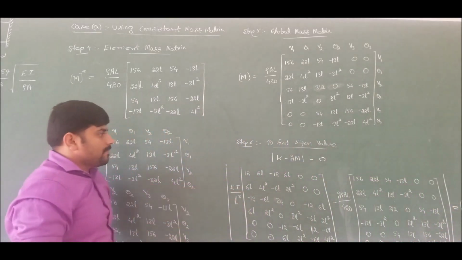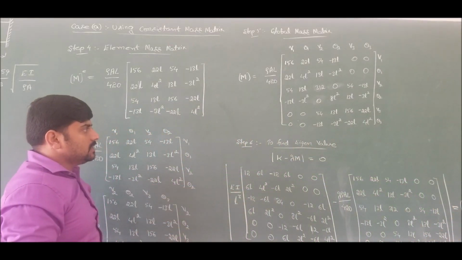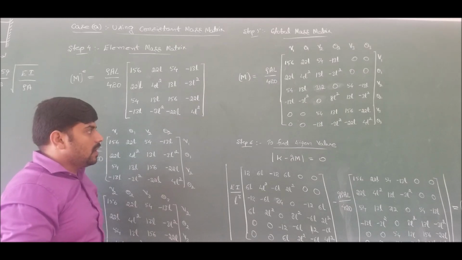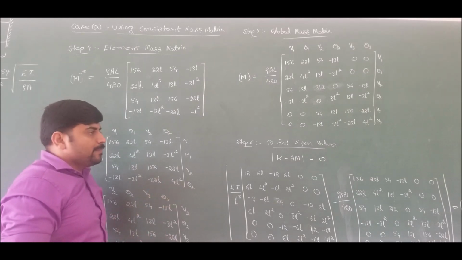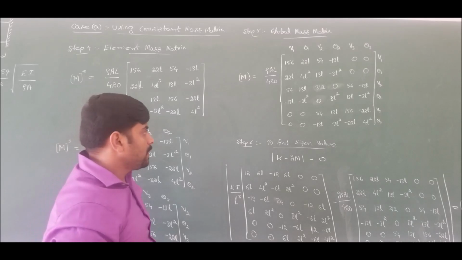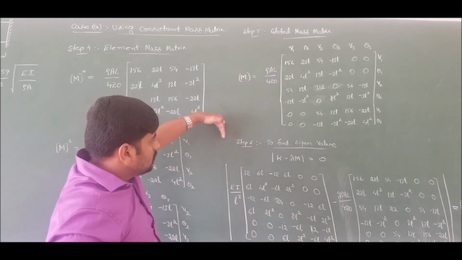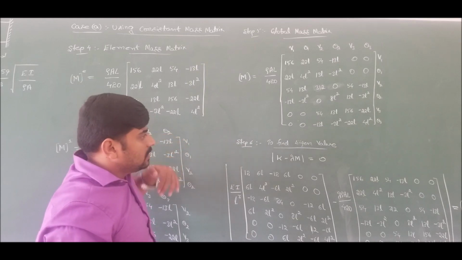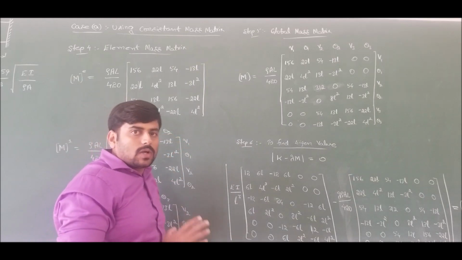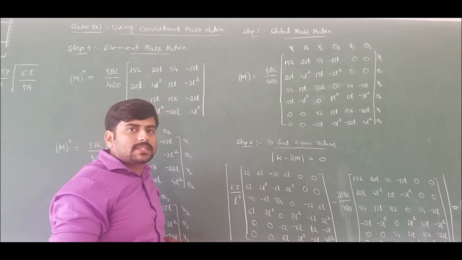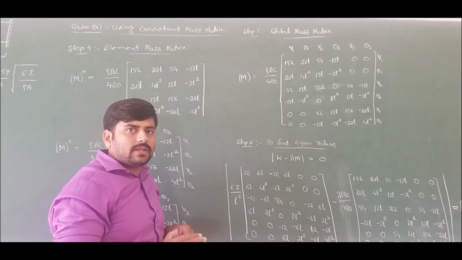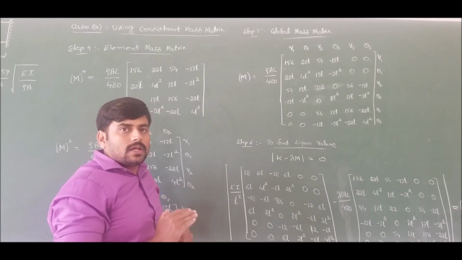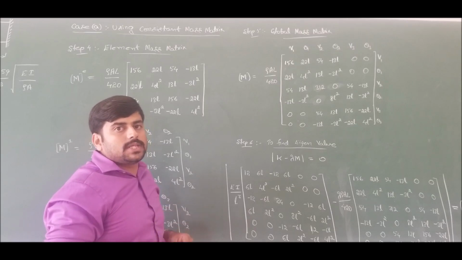So this is the condition to obtain the eigenvalue or to make the solution non-trivial. Now, if I apply the boundary condition for this equation, we have the boundary condition as node number 1 and node number 3 are completely fixed. So therefore, V1, theta 1, V3, theta 3 are all equal to 0.